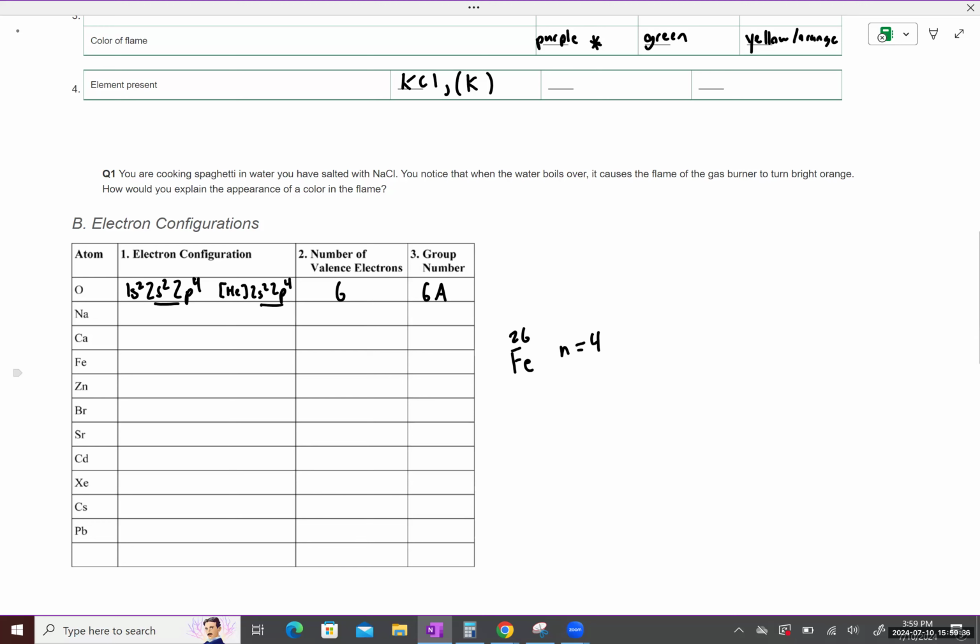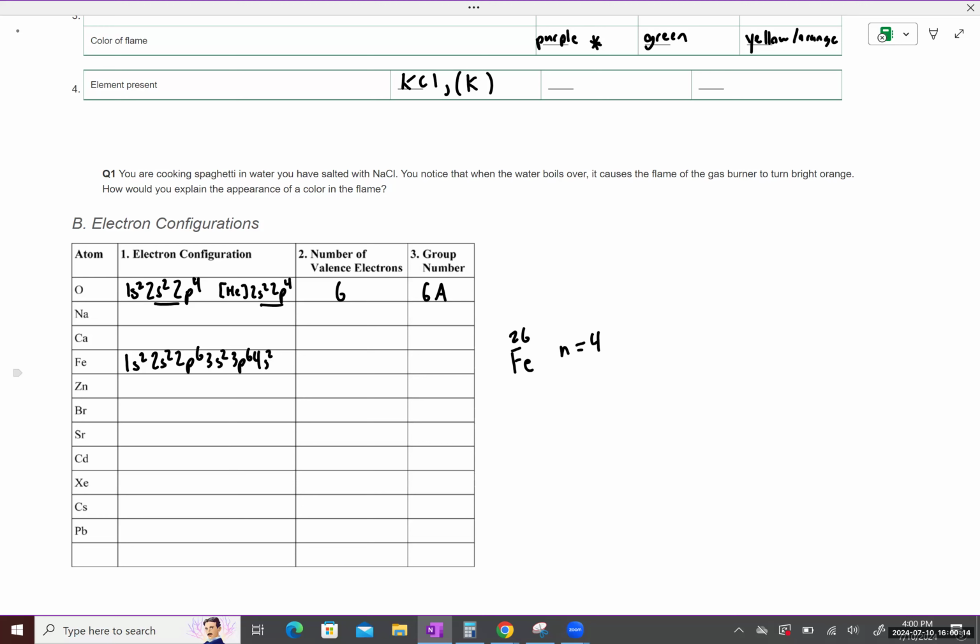So let's start by filling in our electron configuration. We fill the lowest energy levels first. So we have 1s2, 2s2, 2p6, 3s2, 3p6, 4s2, and then we're now in the transition metal block.